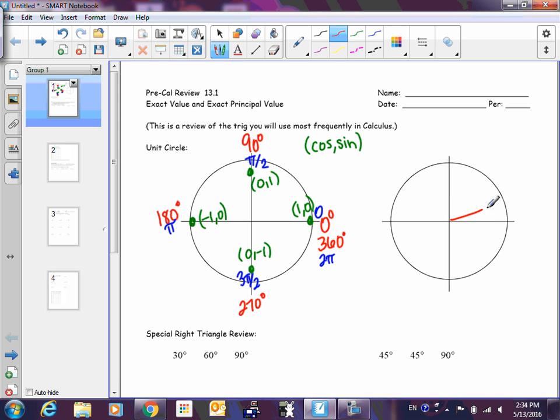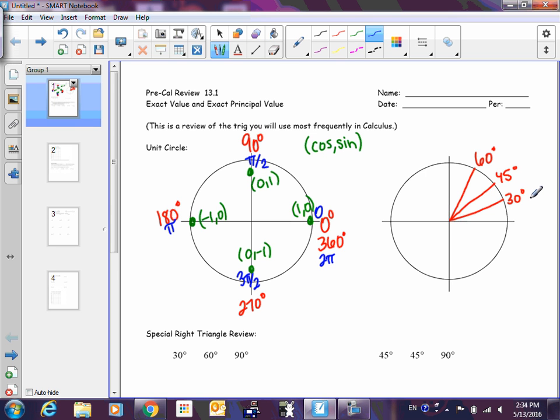So there were kind of 3 main reference angles. Do you remember what they were in degrees? And they're kind of down here. 30, 45, and 60. Okay. And we converted to radians always by doing that ratio of 180 degrees to pi.